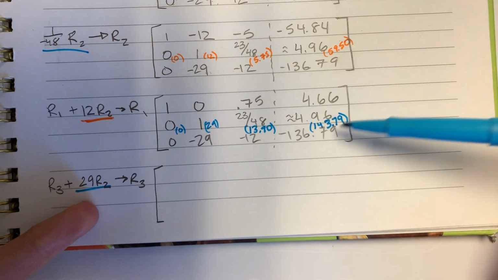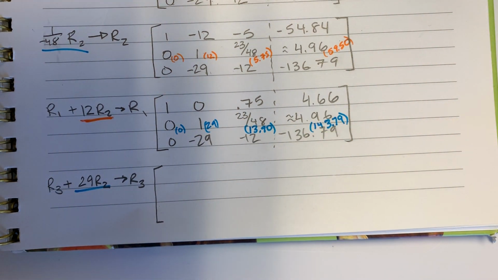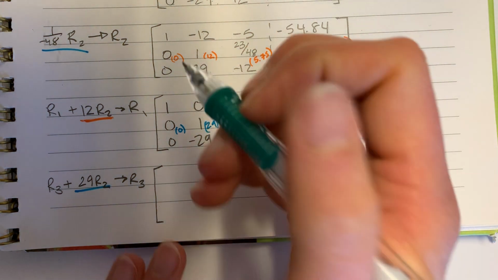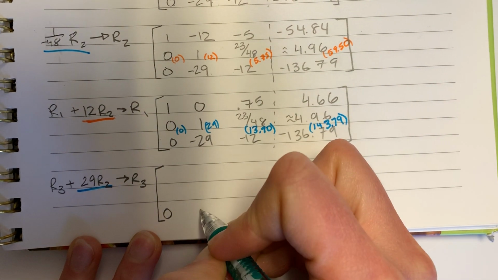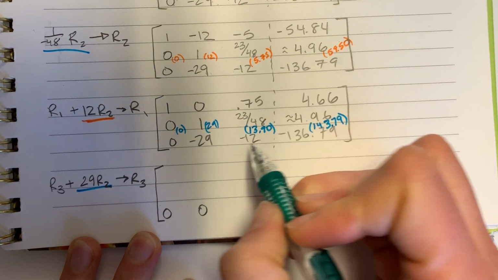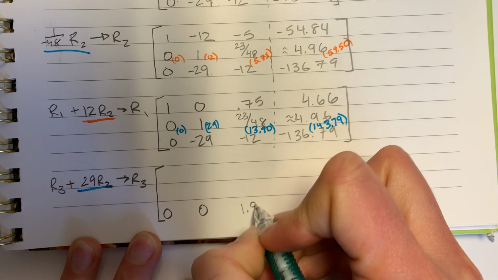So I multiplied the row 2 by 29, and I'm adding it to row 3. So 0 plus 0 is 0. Negative 29 plus 29 is 0. Negative 12 plus 13.90 is 1.90.